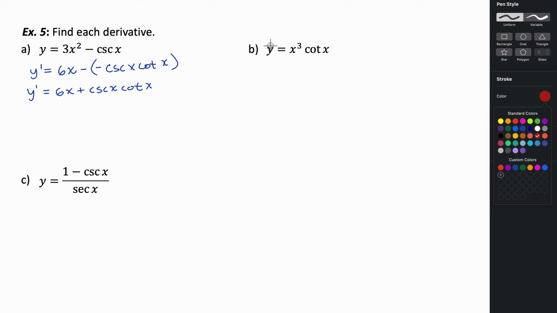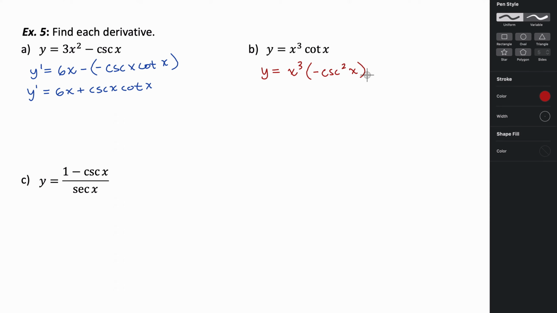To find the derivative here, we're going to have to use the product rule. So we have y equals the first function times the derivative of the second. So the derivative of cotangent was negative cosecant squared x, and then plus the second function, cotangent x, times the derivative of the first part of our product, which is 3x squared, and then just simplify.